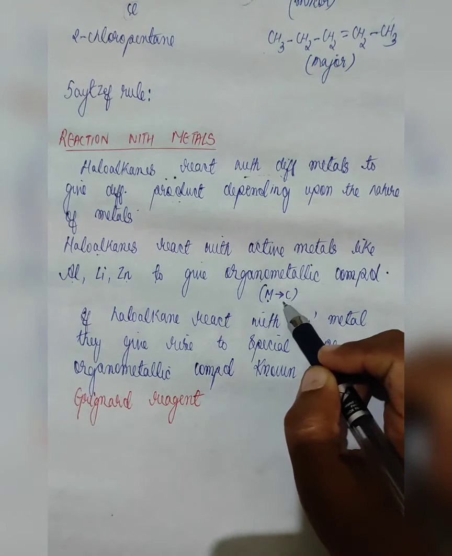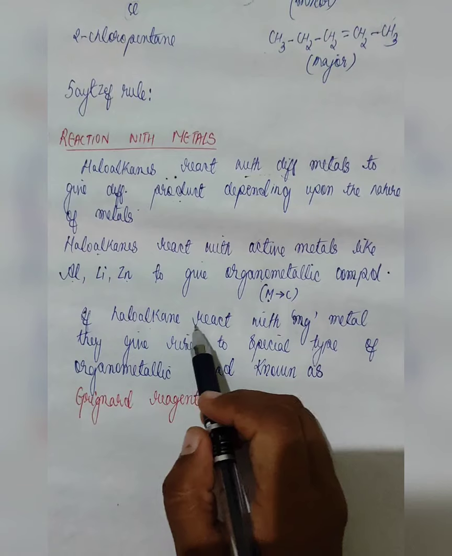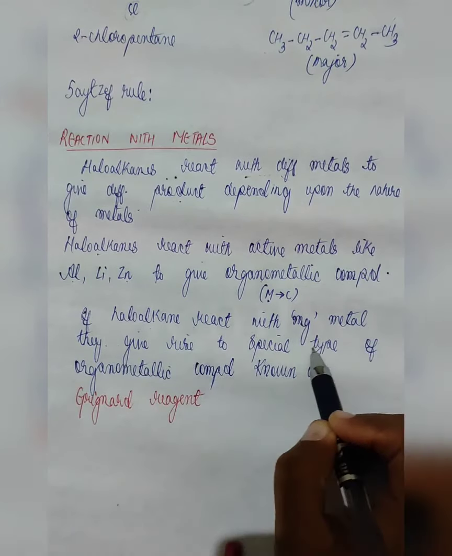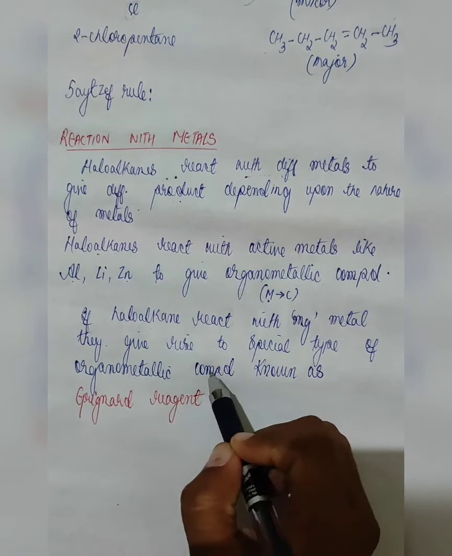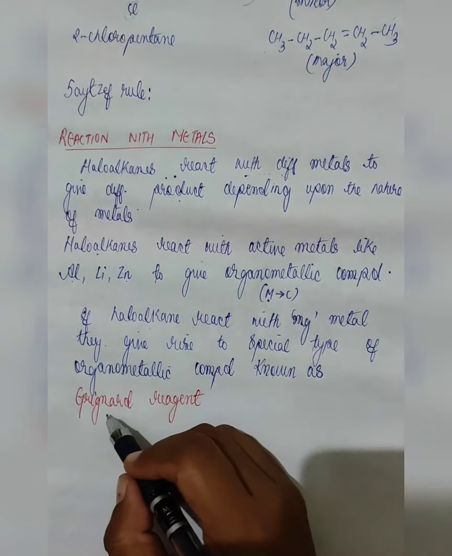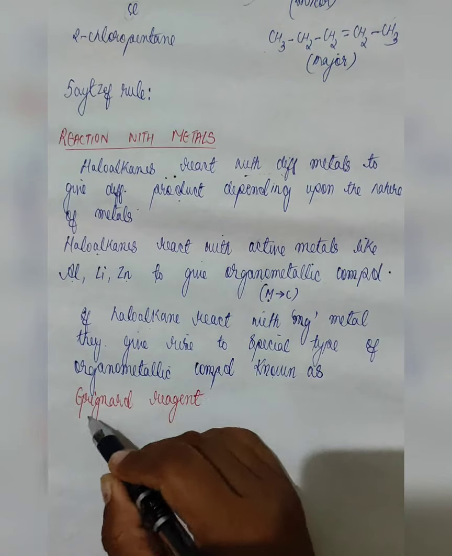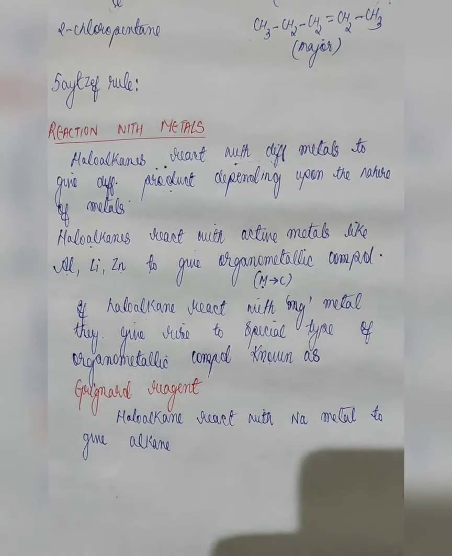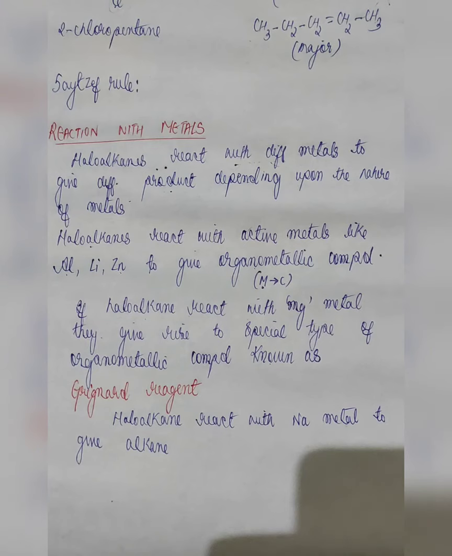There is one more special case where haloalkane reacts with magnesium metal and gives rise to a special type of organometallic compound known as Grignard reagent. This reagent is very important. Haloalkane also reacts with sodium metal to give alkane.